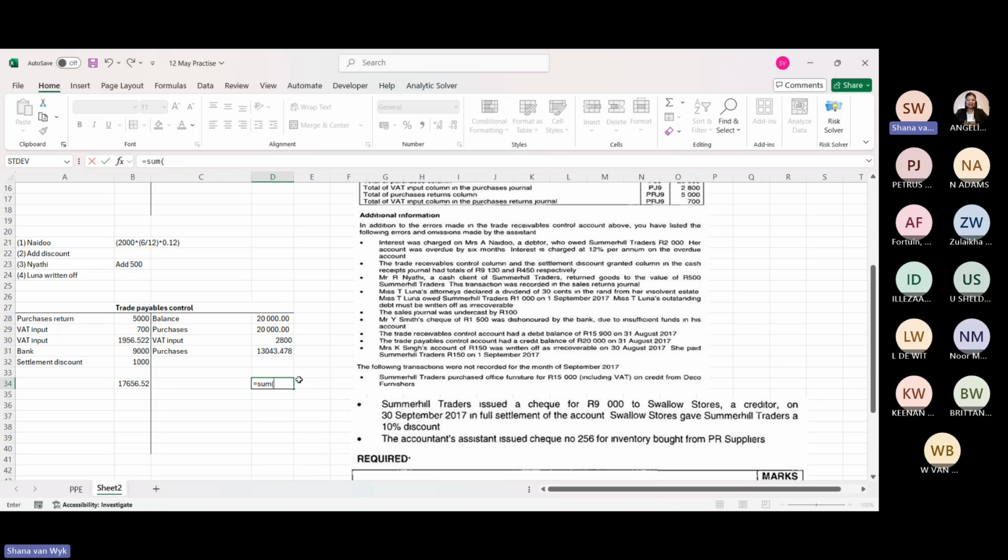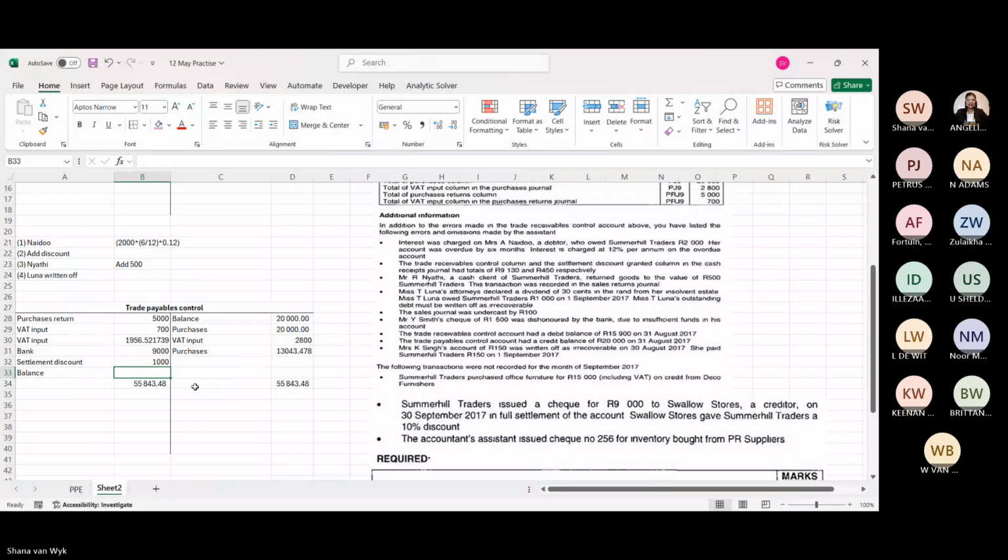Okay, I think that is everything. So this is going to be our balance. It's balancing out now. Is it? Yeah, I think it's balancing. This one. Oh, 38, sorry. Okay, so this thing.